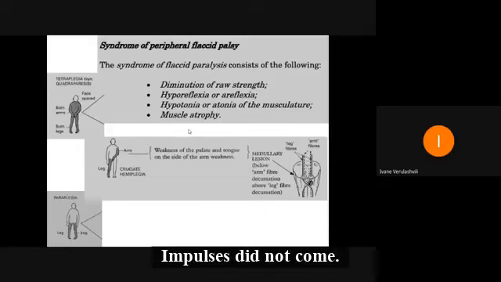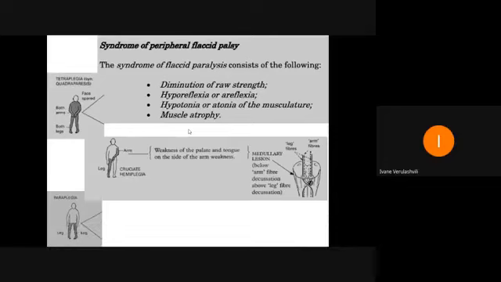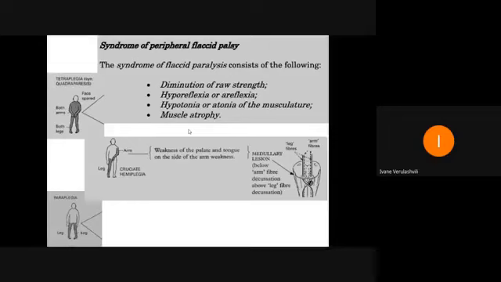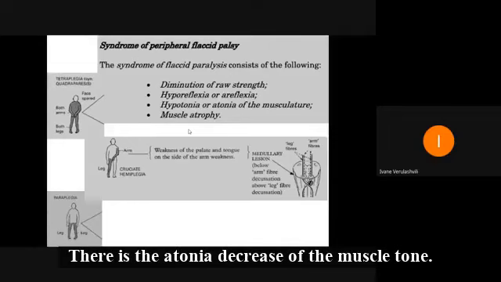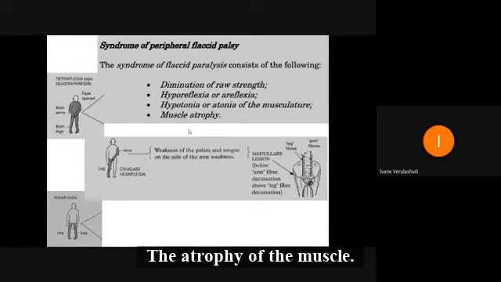Impulses do not come. We discussed this proprioceptive reflex or myotatic reflex to the muscle. So there is no regulation of the muscle tone. There is atonia, decrease of the muscle tone, and after some time atrophy of the muscle is observed.